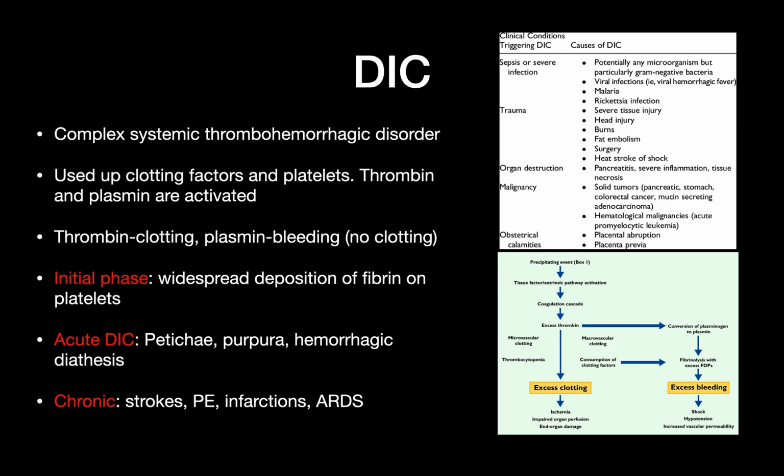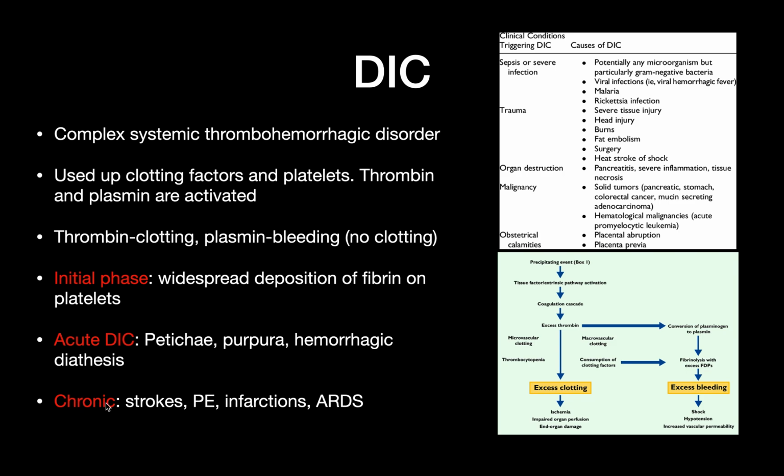DIC is a complex systemic thrombohemorrhagic disorder where all the clotting factors and platelets are used up, and eventually there is too much bleeding. First, the initial phase is going to be widespread clotting. There's going to be deposition of fibrin on the platelets, and then it shows up in acute DIC as petechiae, purpura, and hemorrhagic diathesis.